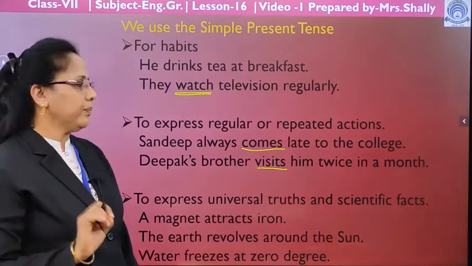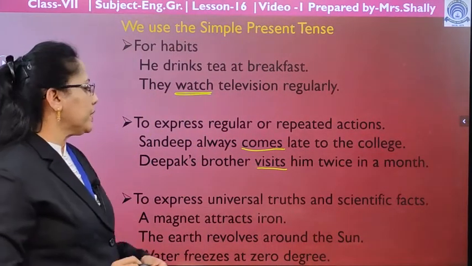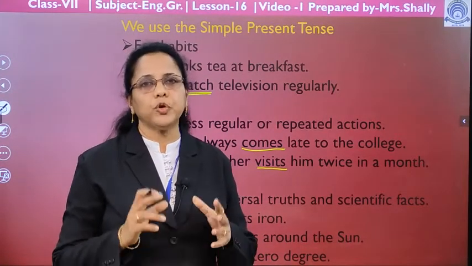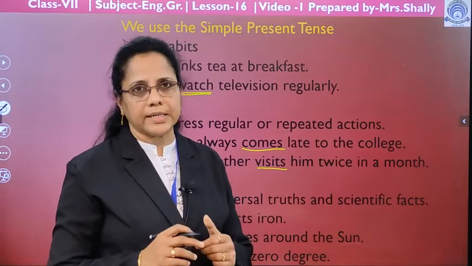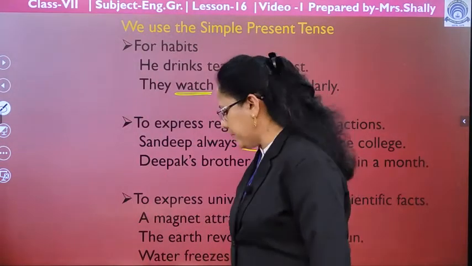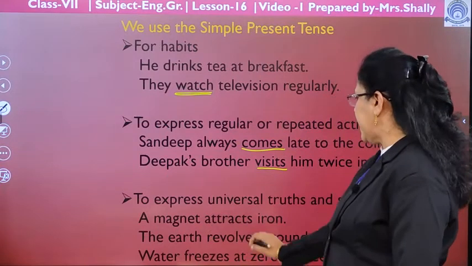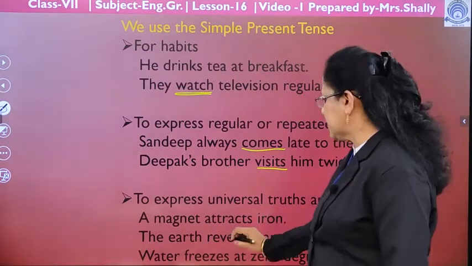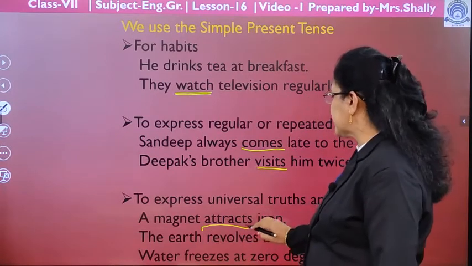Now the third one: to express universal truth and scientific facts. Some general truth or universal truth or scientific facts must be expressed in simple present tense. For example, a magnet attracts iron. It's a scientific fact. So it is expressed in simple present tense.